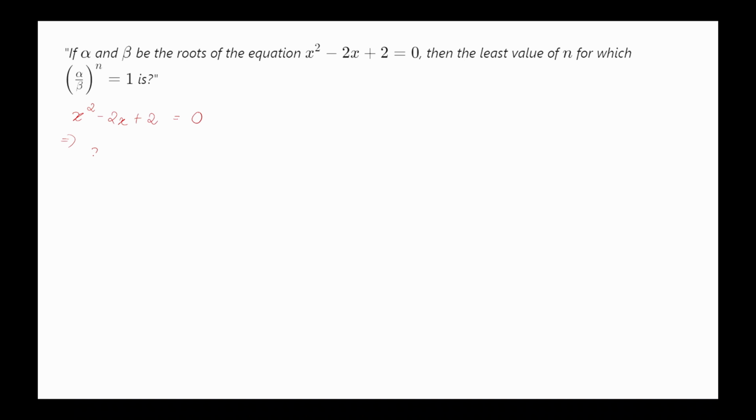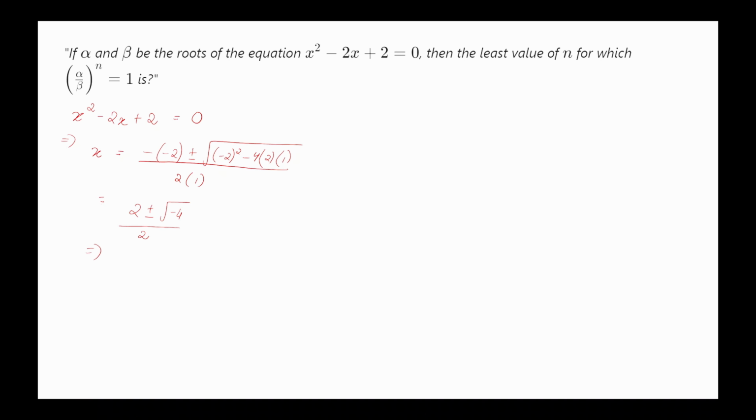So what would be the solution of this quadratic equation? Minus b plus minus root under b square minus 4ac upon 2a. So here this becomes 2 plus minus root under minus 4 upon 2.